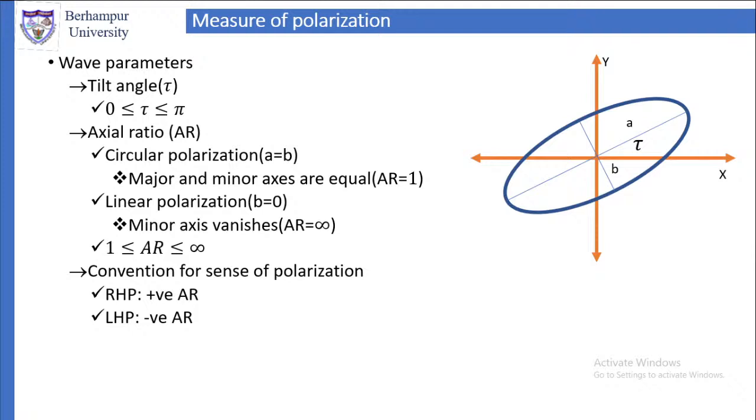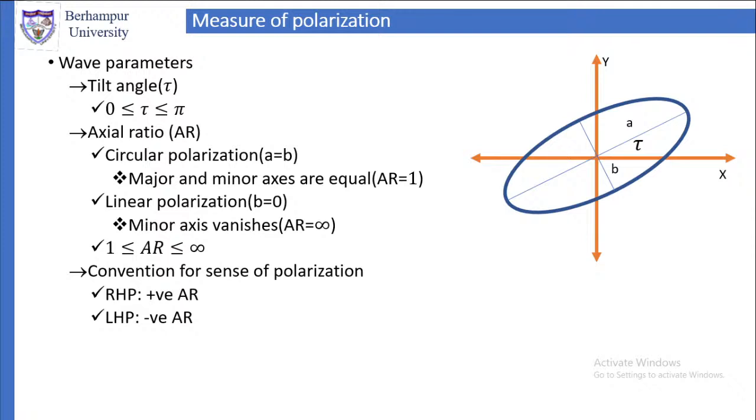So this is about the wave parameters. Then we have the electric components. So the wave has an electric field, and the electric field has two components. One is E1, the other is E2, or one is EH, the other is EV, with a phase difference delta between them.